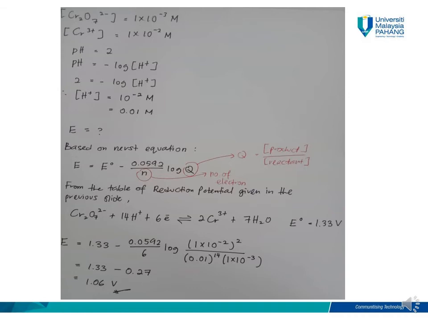This is the concentration of the chromate ion. So at the end, you will get 1.06 volt. That is your answer.